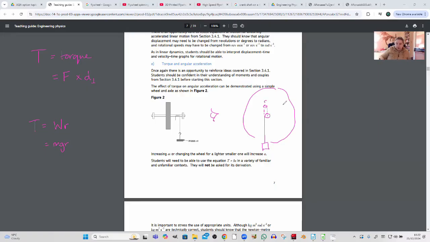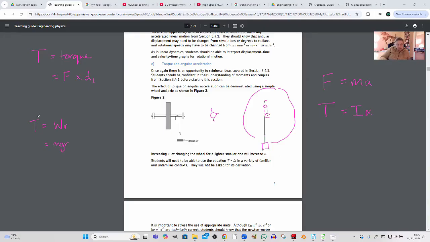Now, the rate at which it will turn will speed up, and it's going to be like F equals ma, except that instead of F equals ma, we're going to use T, the torque it causes, equals, not the mass, it's the moment of inertia, get it right, times the angular acceleration.